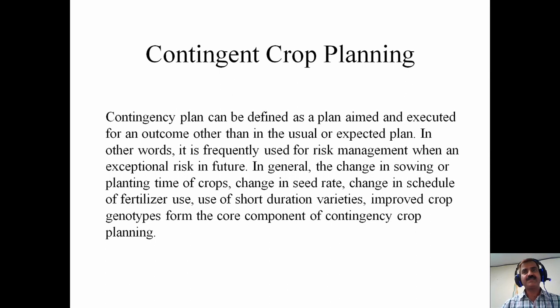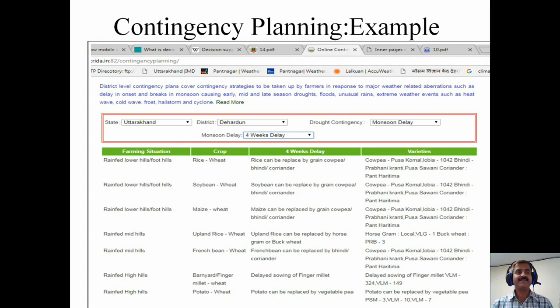But there could be a slightly different scenario when you will have to change your crop planning entirely. And this would be when the monsoon, for example, is delayed for more than 4 weeks or so. If the monsoon is delayed 4 weeks or more, then cultivation of rice will not be possible.